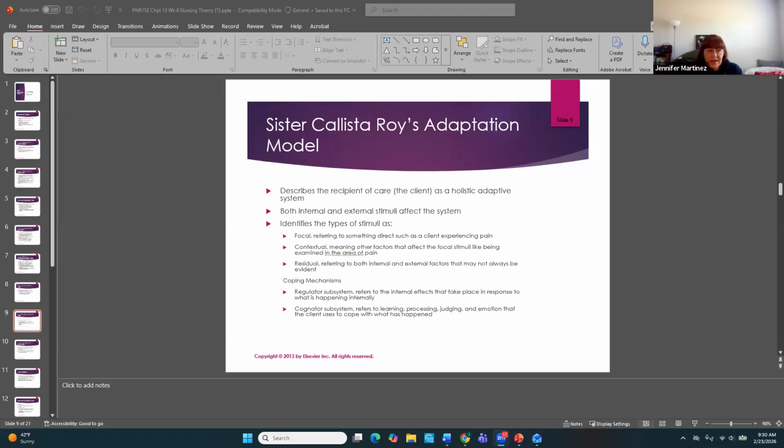Teaching patients coping mechanisms regardless of the situation is something that we are going to do, right? We want to focus on the positive coping mechanisms. We don't want them drinking and using illicit drugs and doing things that they shouldn't be doing that are going to be more harmful to them. We want them to use positive coping mechanisms, whether it's distraction or music therapy or massage, right? Sometimes just dimming the lights and providing a calm environment.